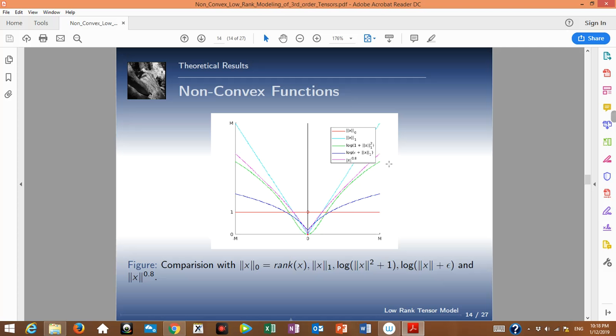So we need to shrink this element less. If we use the log determinant or the Schatten-p norm, you can see the curve gets close to this horizontal line. That means those non-convex functions can better approximate the rank if the element is very big. So we try to use non-convex regularizations.